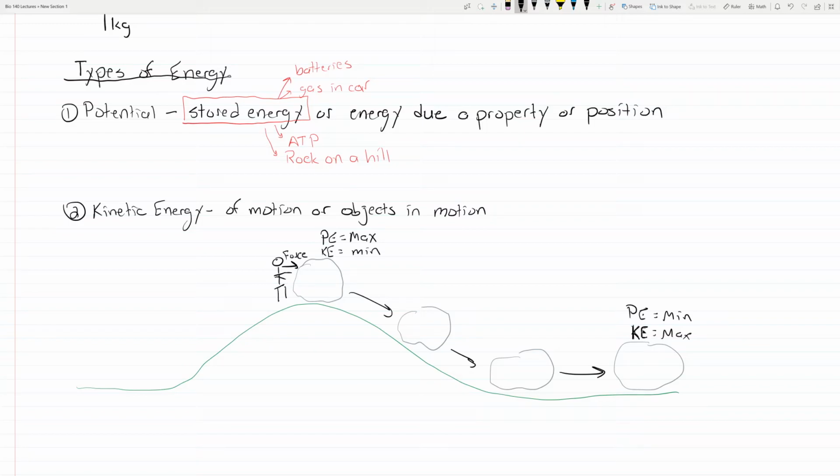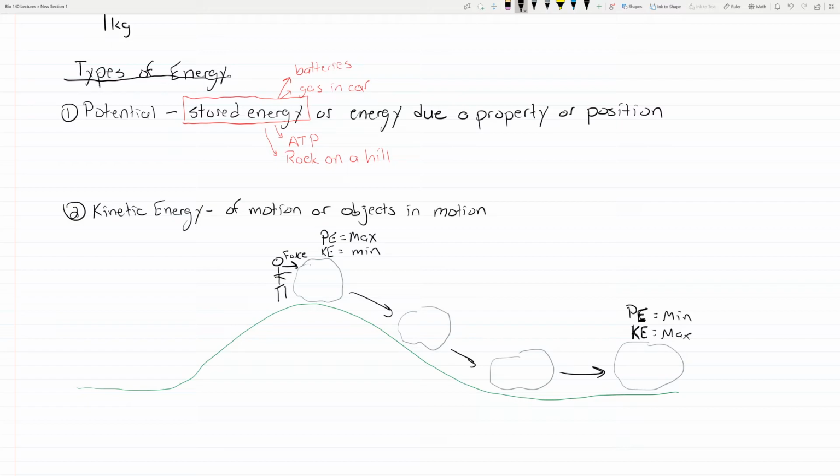What this shows us is that we don't just make kinetic energy from nothing. It doesn't appear out of nowhere. What has happened is that I have taken this potential energy and I am converting it into kinetic energy, until all the potential energy is gone and it has been totally converted into kinetic energy.